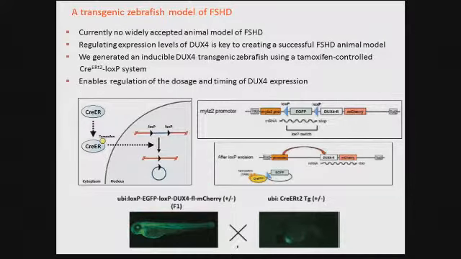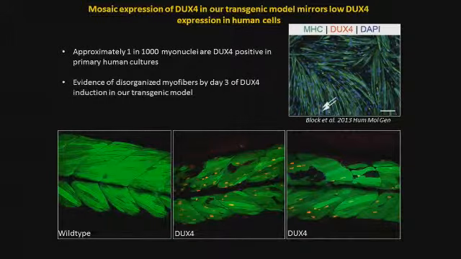We have a number of constructs that we've made, and you can see that when we do this, we can transgenically express, just like in the human muscle cell cultures, very, very low levels of DUX4 expression in the skeletal muscle, as you can see in the middle panel and the left panel, where you can see the abnormal skeletal muscle.